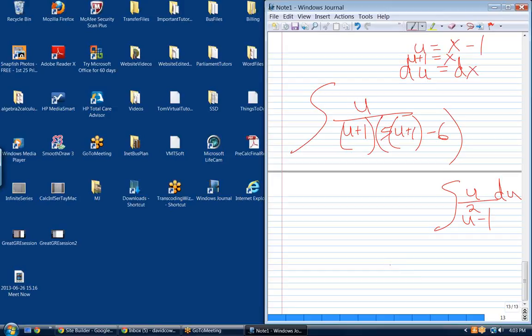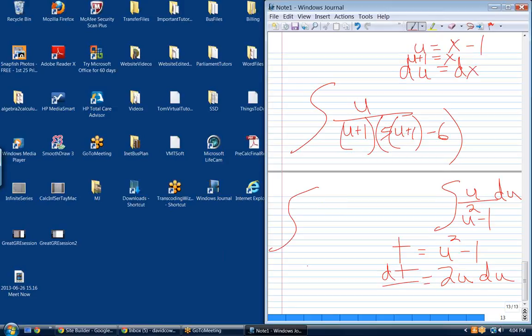Let's use substitution again. Only this time I'm going to let t equal u squared minus 1. So what is dt? du? 2u. So dt is 2u times du.